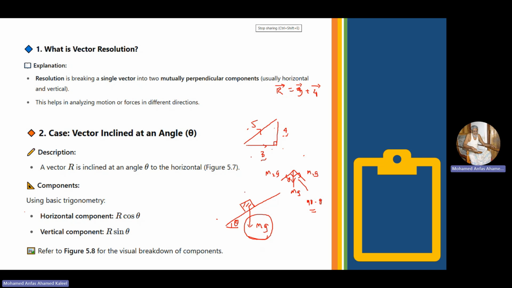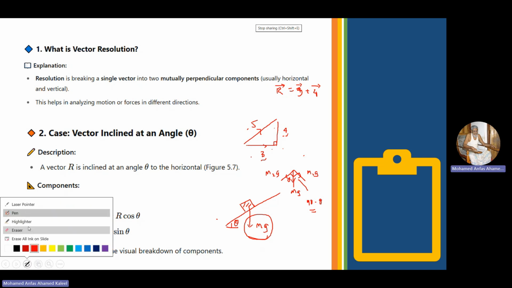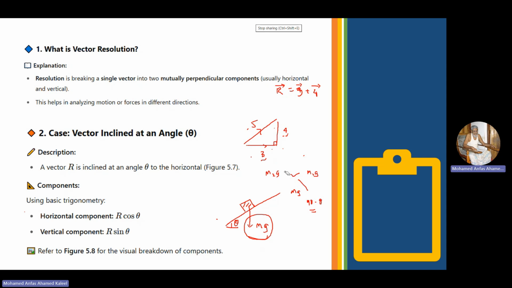Likewise, if you take one vector, don't get too confused. When we are doing the exercises, we will get clearer than this.